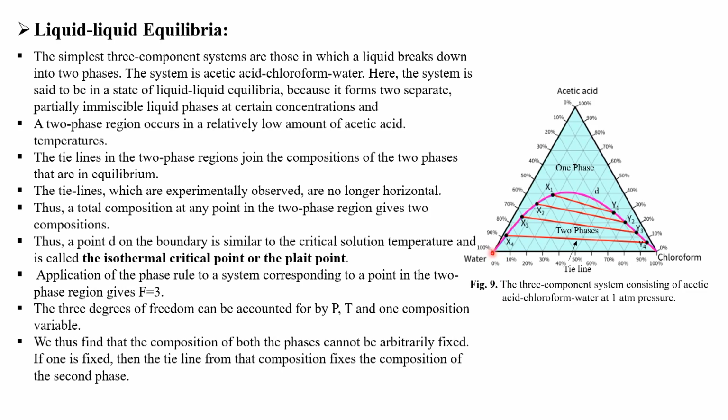If we consider here the liquids acetic acid, water and chloroform, the concentration of acetic acid increases in this direction, the concentration of chloroform increases in this direction, and the concentration of water increases in this direction. Along this line, water and chloroform, we have only water and chloroform; there is no acetic acid. Similarly, along this line, water and acetic acid, there is no chloroform, and along this line, acetic acid and chloroform, there is no water.